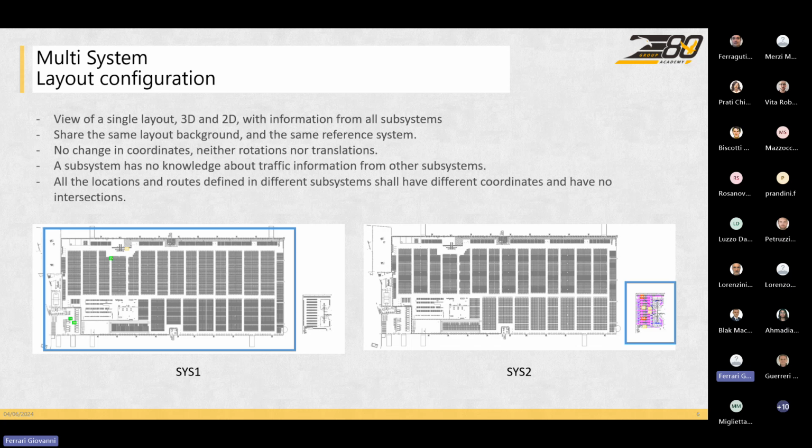That's a bit less natural in the case of multi-building, where you have two buildings that are independent, and there could be the requirement to see each building independently, but at the moment it's something that is not supported by the product. So the layout is only one, and also in the case of multi-building, we need to have a single background on the same reference system, and we are going to see in the layout page all the LGVs and all the active locations, for example, from all the buildings that we configured. It's a limitation, but it's there at the moment.